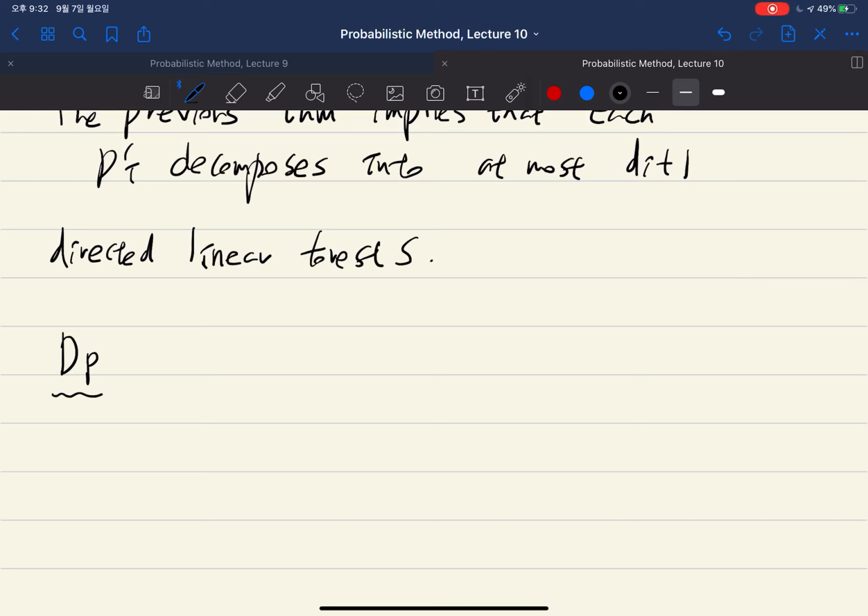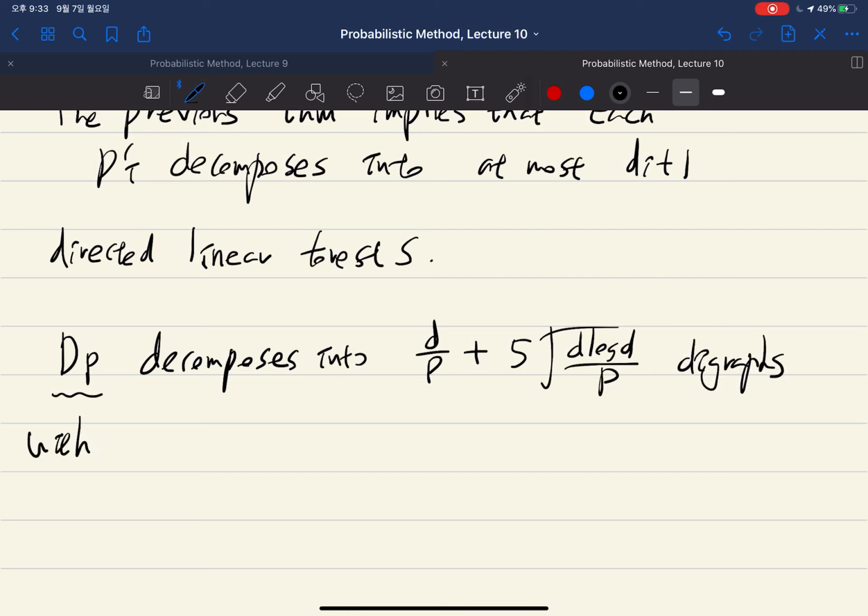By using the same trick, we can actually decompose this into d over p plus 5 square root of d log d over p digraphs with maximum in and out degree at most 1.